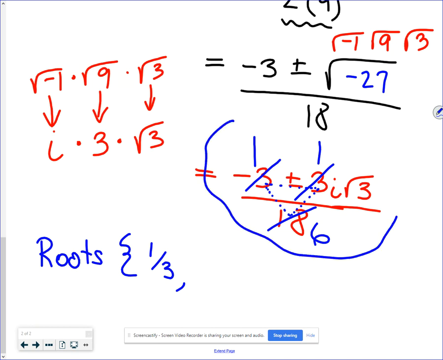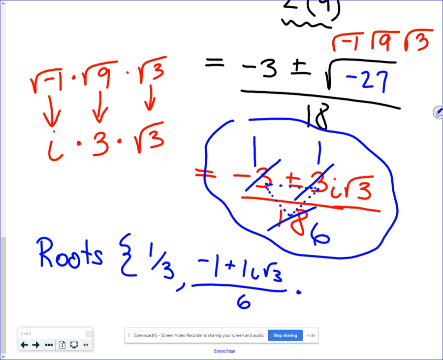The other 2 roots are negative 1 plus 1i radical 3 over 6. And then the third root would be negative 1 minus 1i radical 3 over 6. How many roots do I got?